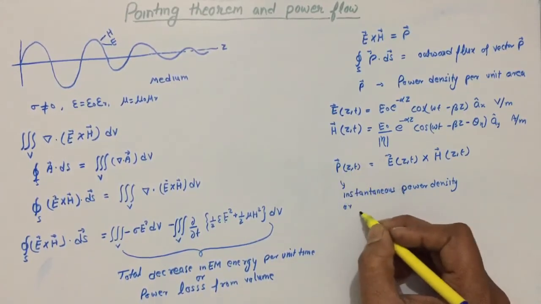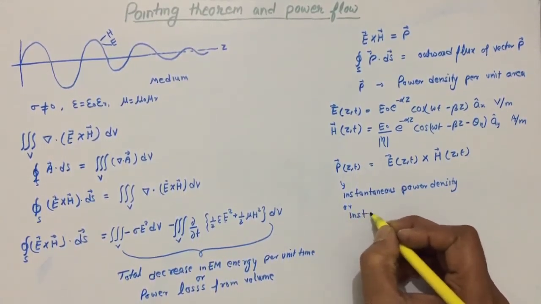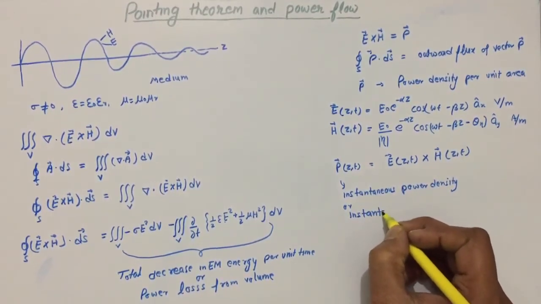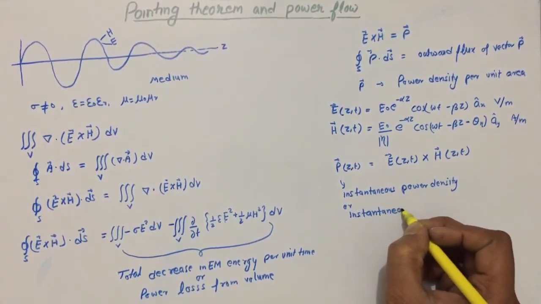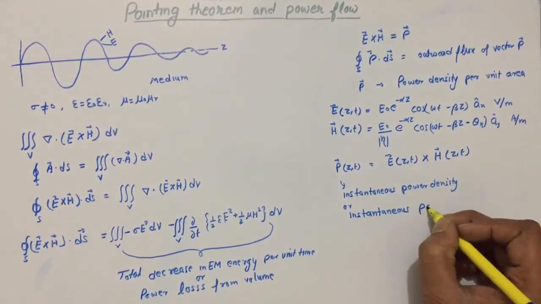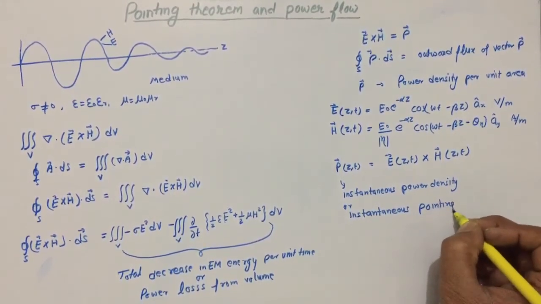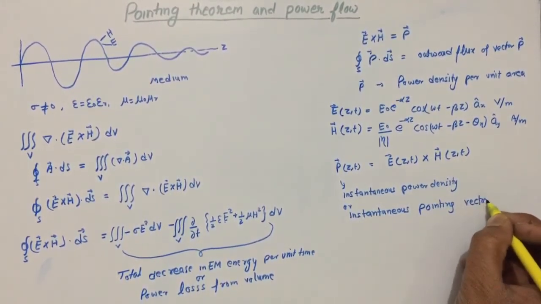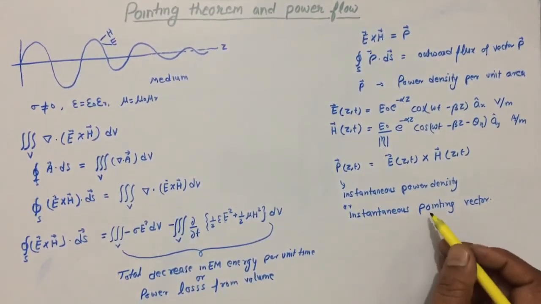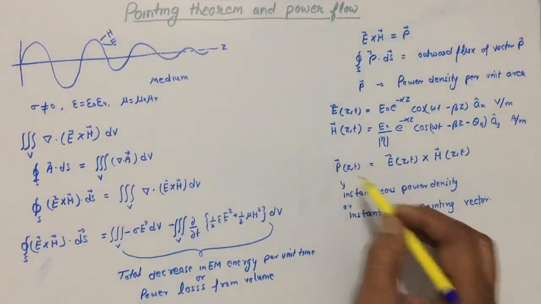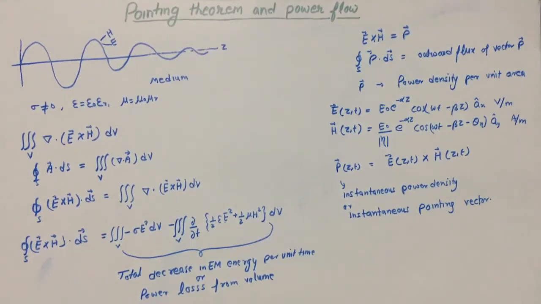This is a vector, so it is also named the instantaneous power vector, Poynting vector. Actually, the scientist named this after himself, that is the instantaneous Poynting vector.